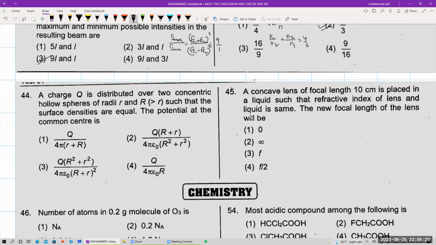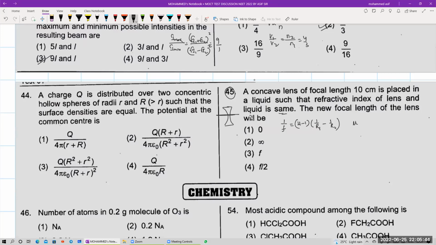45 देखो. A concave lens बोलो तो ऐसा कुछ रहेगा. This one is your concave lens. Concave lens of focal length 10 centimeter is placed in a liquid such that the refractive index of lens and the liquid is same. The new focal length will be equal to how much? So focal length formula is 1 by f for this one, (mu minus 1) into (1 by r1 minus 1 by r2).